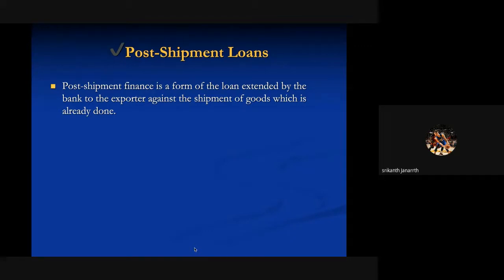Even though it's under LC, the exporter has given a credit period to the importer. So though the exporter exports the goods, he has to wait until the maturity. Let's say an exporter, a company, takes an order for $100,000. But the buyer has told them, okay, I will give you a 90-day period.